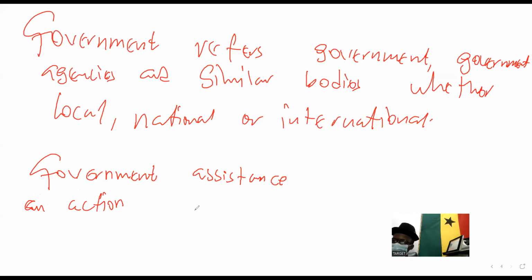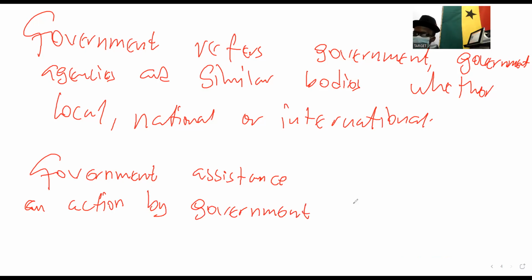So it's an action by government. Please, the government we are talking about is what we have defined up there for you, not government as in country alone, designed to provide economic benefits. You get that?